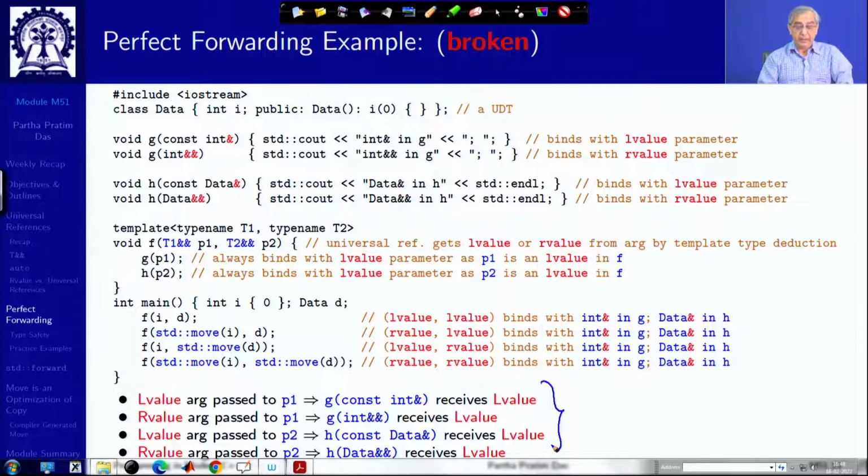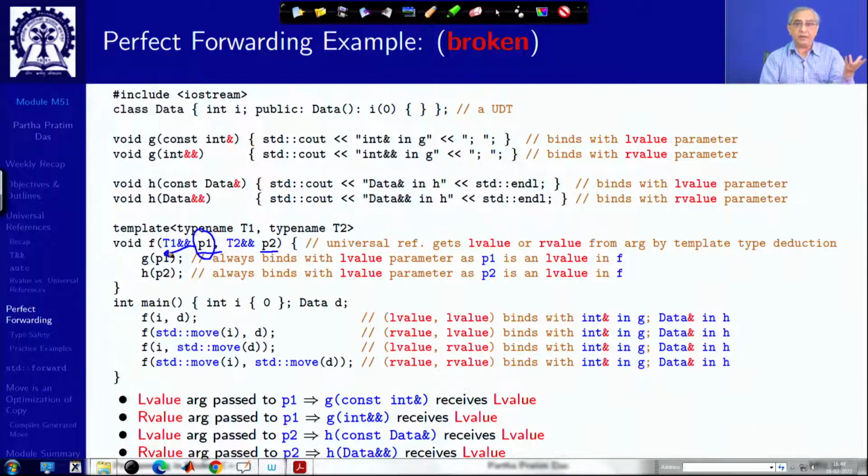Why is this happening? Very simple. The reason it happens is when I get the parameter p1 or p2 here, p1 is a name. So, it is a named parameter. So, when I pass p1 here, irrespective of the fact that I had got p1 possibly as an R value, the fact that it has a name makes the compiler deduce that p1 is an L value.